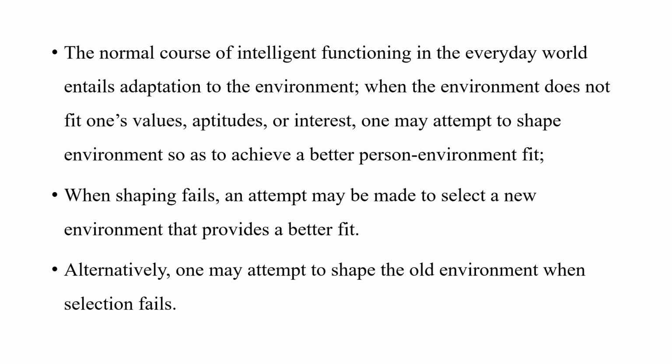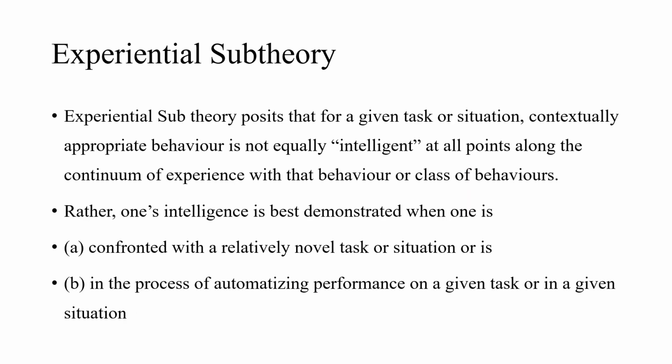Okay, now let's look at the experiential subtheory. As we discussed before, the experiential subtheory involves creative intelligence. What is creative intelligence? That is, we are able to combine concepts or ideas that seem very irrelevant, or that seem like they won't fit together.